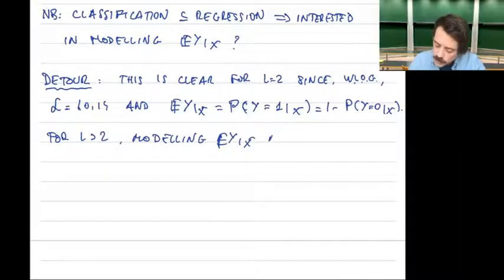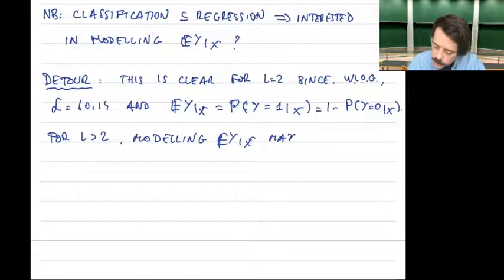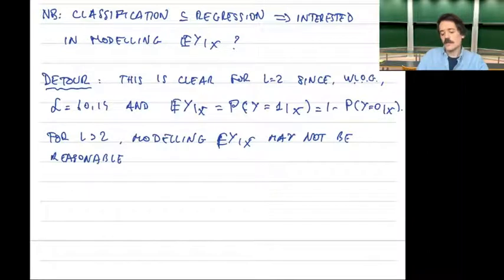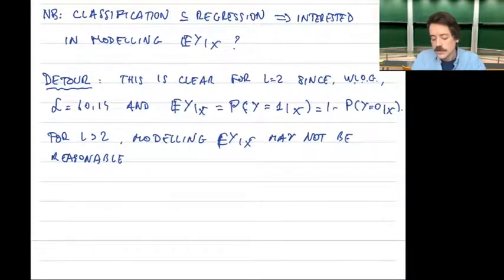This should be clear, because if y is taking the values 1 to capital L, then with the expectation we lose a lot of information.